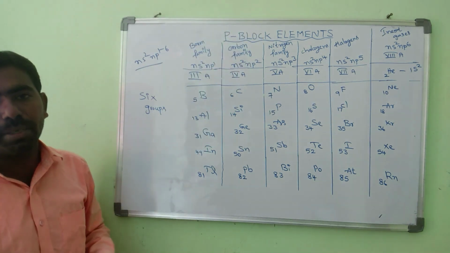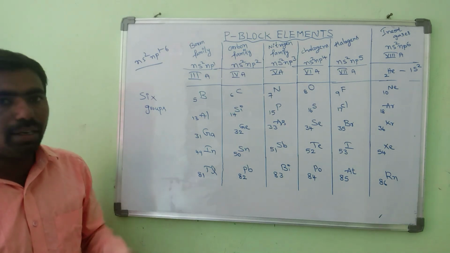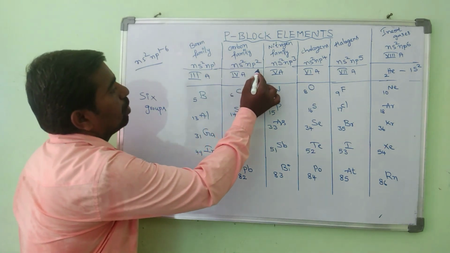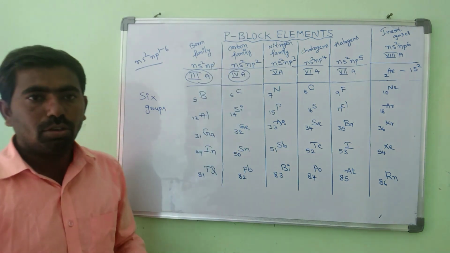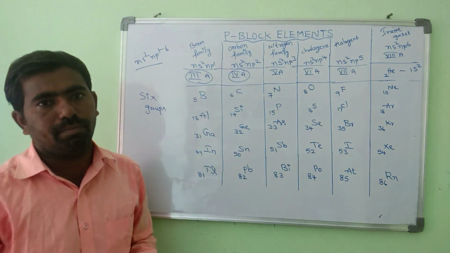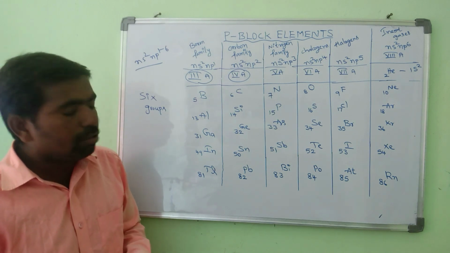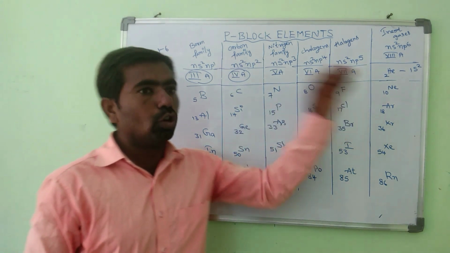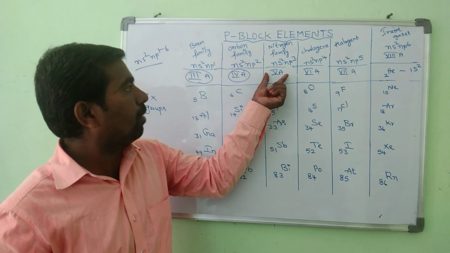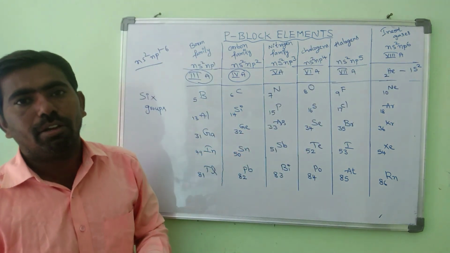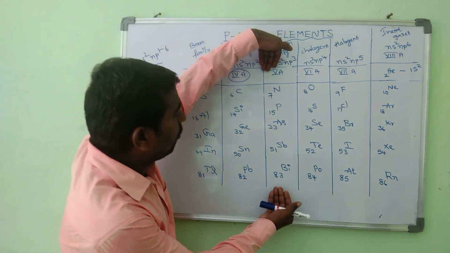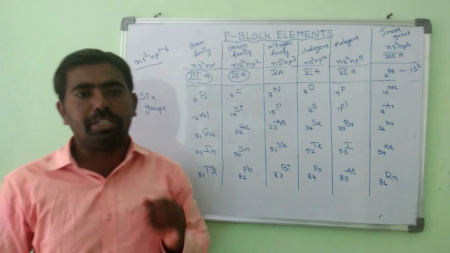In the first year syllabus, you already learned about 2 of these groups, that is 3rd A and 4th A. In the second year syllabus, we are going to learn the remaining groups, from 5th A to 8th A. Now in this class, we are going to discuss the 5th A group elements.